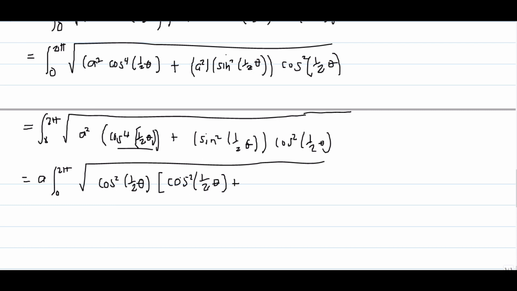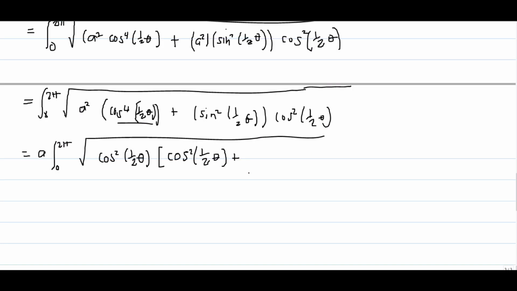So therefore we have cosine squared quantity of 1/2 theta, then another is sine squared, then 1/2 theta. Okay, then we have d theta here. Don't forget, no, because s is with respect to d theta.